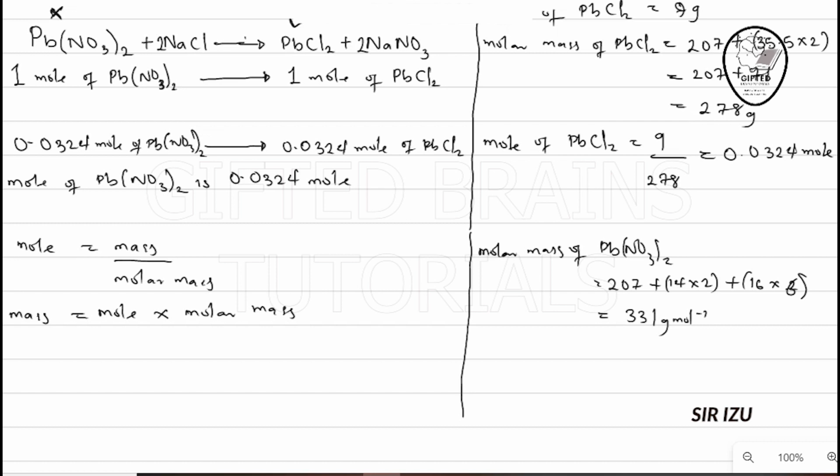So the mole we've gotten already is 0.0324 multiplied by the molar mass, and the molar mass here is 331. So this is the final answer.